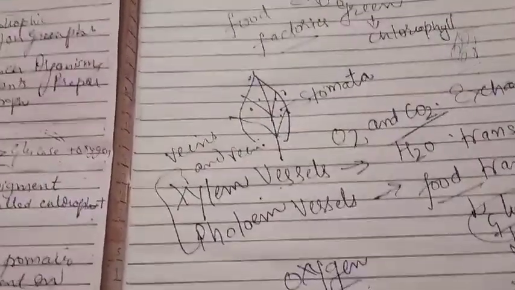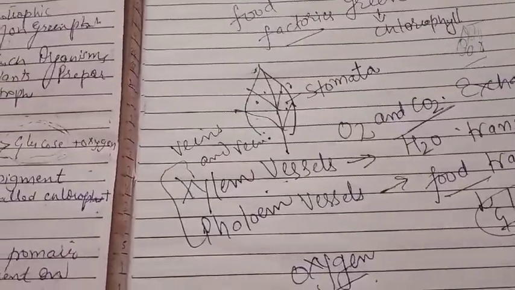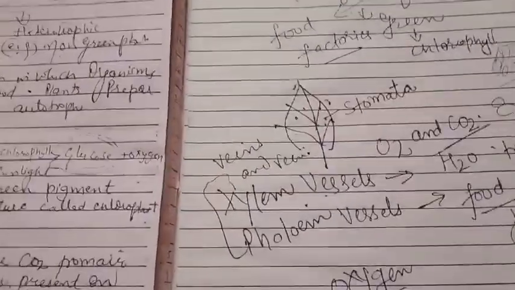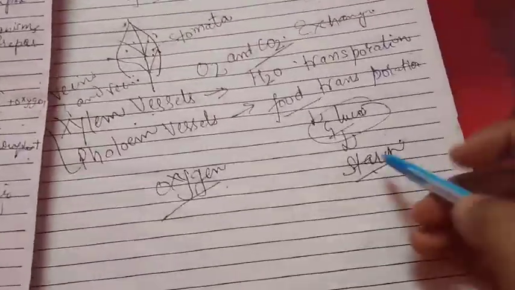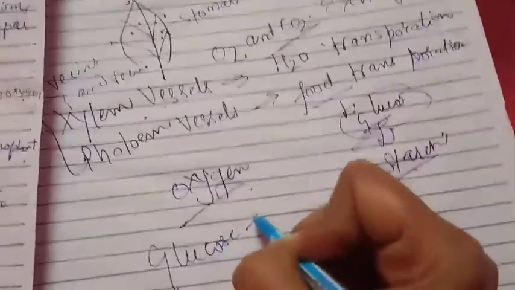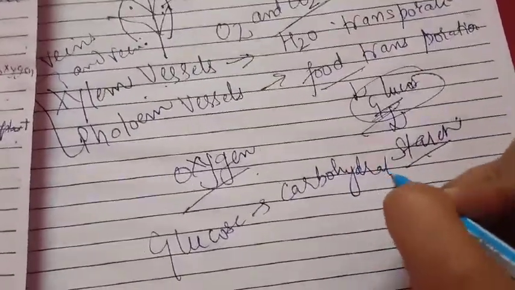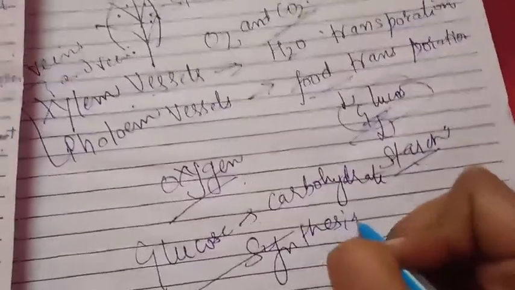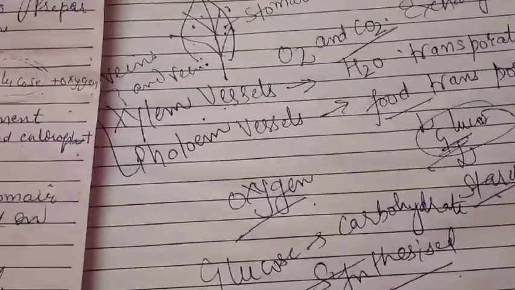Now, continuing the topic, synthesis of protein. Simple carbohydrates are synthesized during the process of photosynthesis. What is a carbohydrate? Glucose is a form of carbohydrate that is synthesized during the process of photosynthesis.